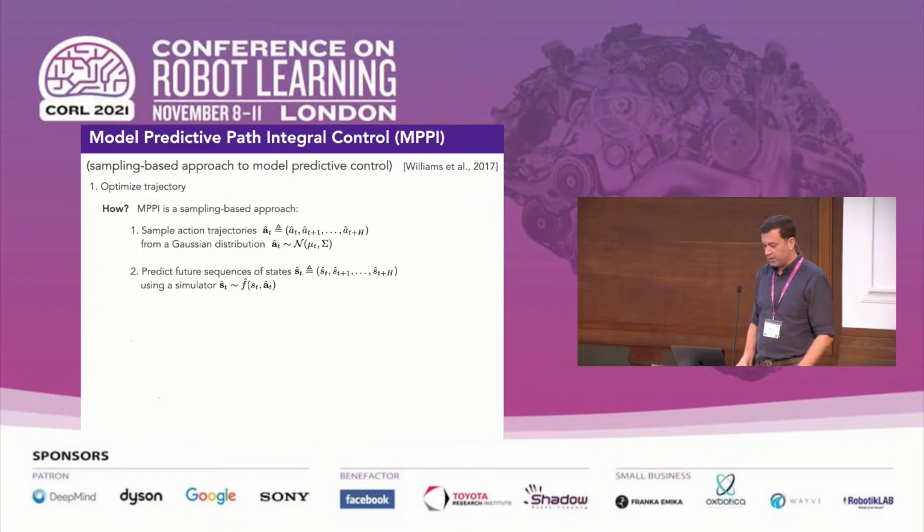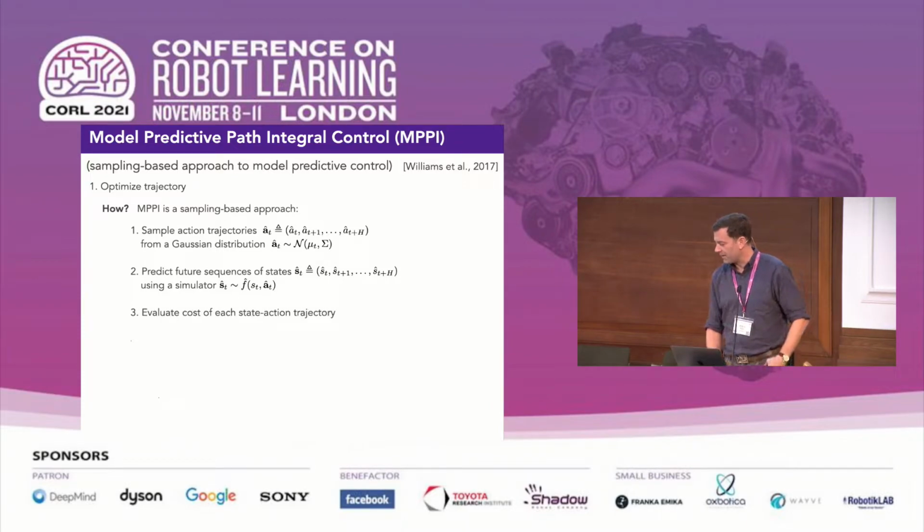Now, given the state and a fast simulator, represented here by the model f hat, we apply the action sequence to generate a sequence of states. With a starting state and an open-loop action sequence, we can feed it through the simulator to generate a state sequence. This gives us a whole bunch of predictions of different possible state-action trajectories that the vehicle could be taking, h steps into the future.